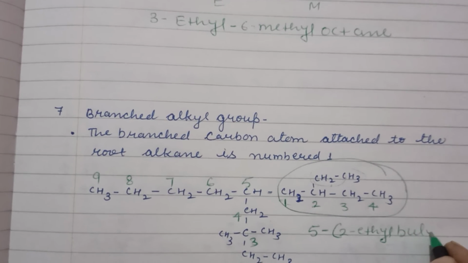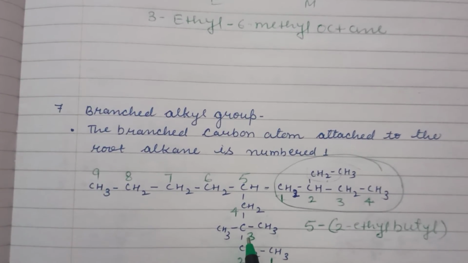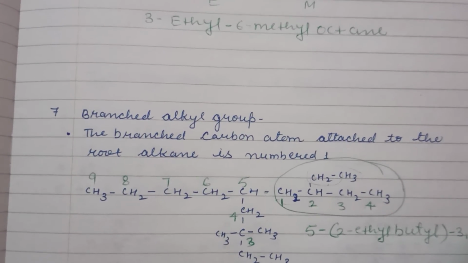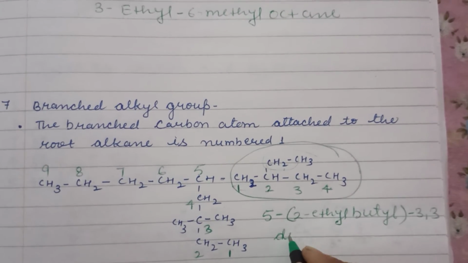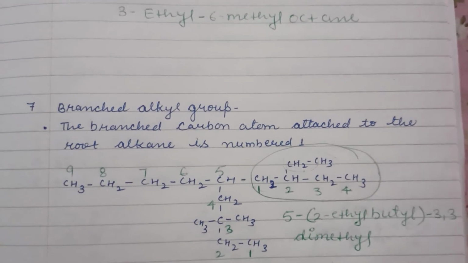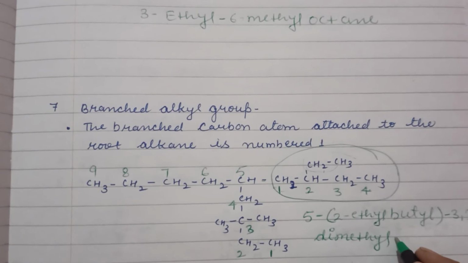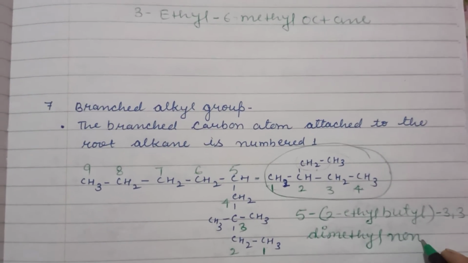So you write butyl. Okay, then at carbon number 3, 3, 3 dimethyl, how many carbons chain? 9 carbon. None, all have single bond, ane.